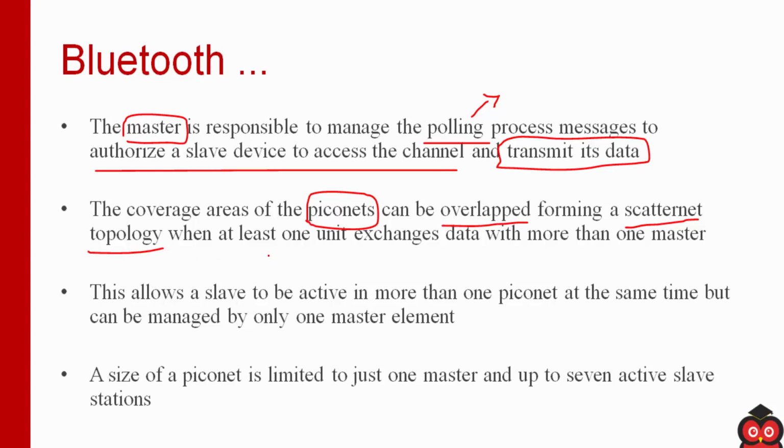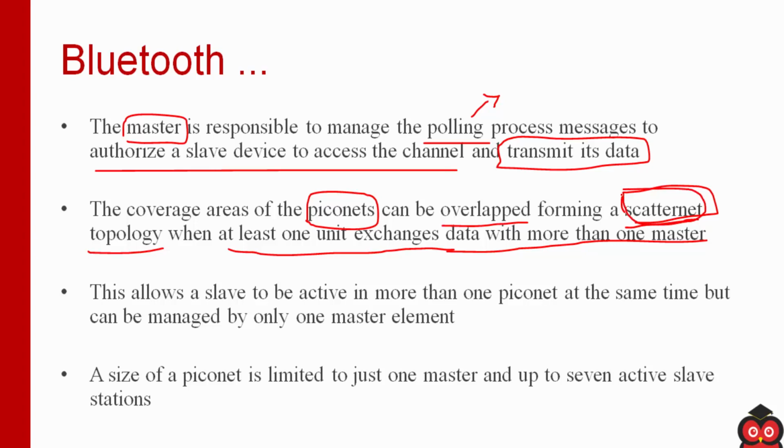A Scatternet is formed when at least one unit, in the sense of a slave, exchanges data with more than one master. Then the Piconets will overlap with each other and the resulting thing is called a Scatternet.